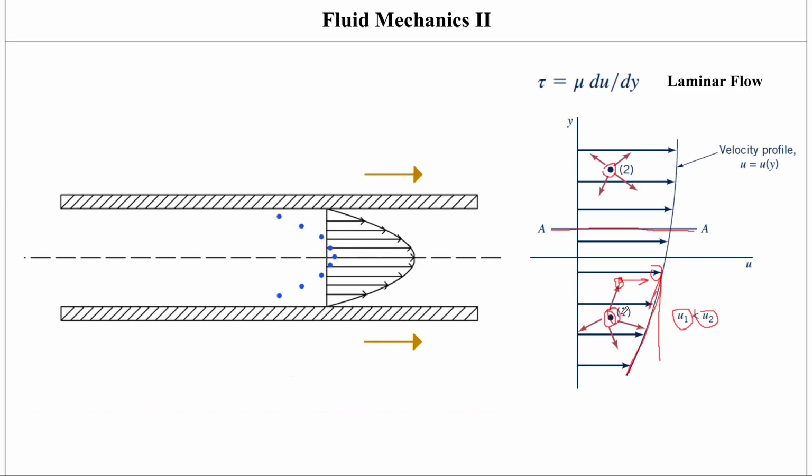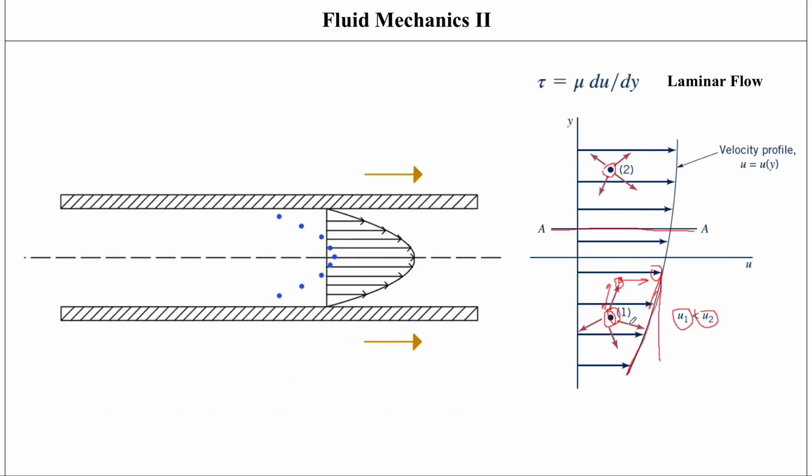But this is not so random actually, because they're only moving like this because of the interaction with the particle that is next to them. This distance is exaggerated; this would be a molecule present right next to it. And this velocity profile doesn't show the full velocity profile, of course, it's just showing a part of it.